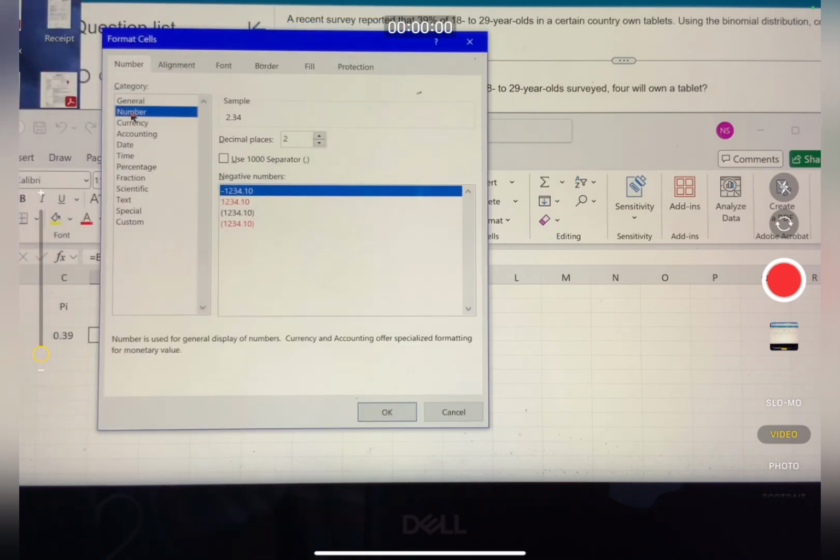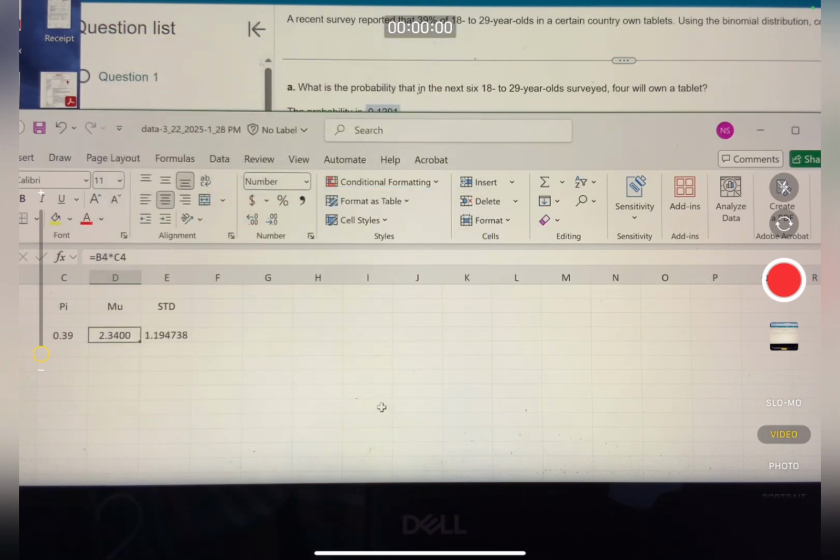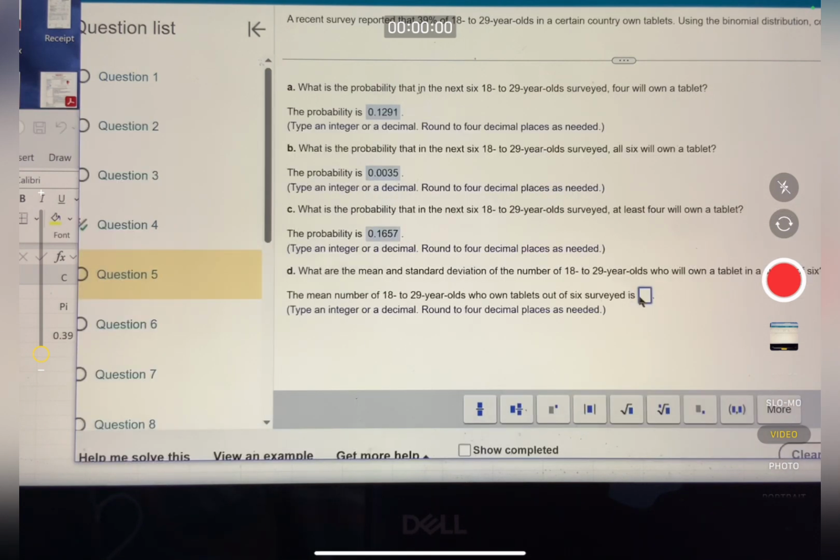I'll choose just a number. And 1, 2, here I choose decimal, 3, 4. Okay. All right. I thought there would be numbers, but no. Okay, 2.3400.